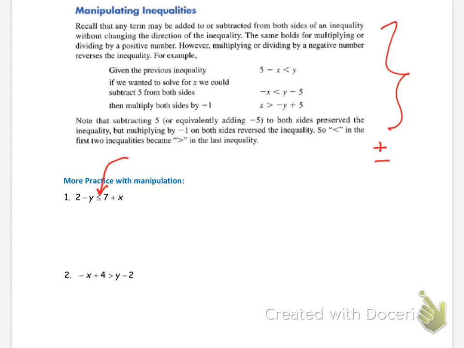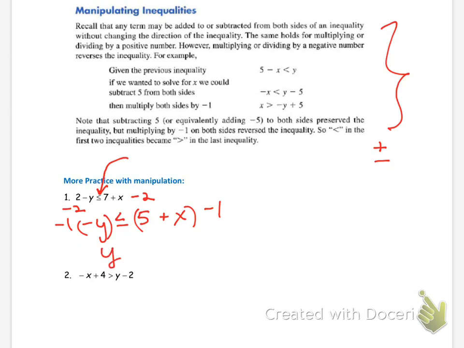So I'm going to move my 2 to the right side. So I'm going to subtract 2 from both sides. That does not cause any problem. So I now have negative y is less than or equal to 7 minus 2, so that's going to be 5 plus x. Okay, so I do not need to know about negative y. I want to know about positive y. So I'm going to multiply both sides by negative 1. And the second I do that, it's going to change the sign on the negative y to a y.